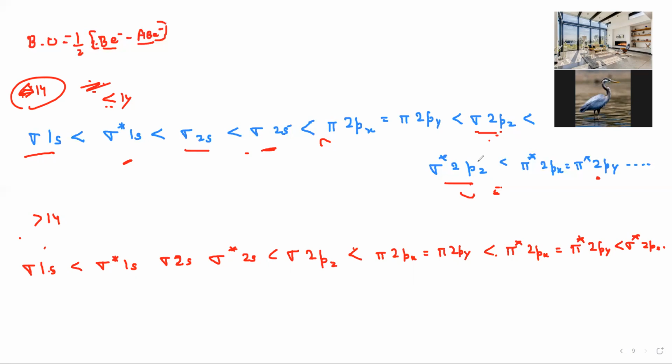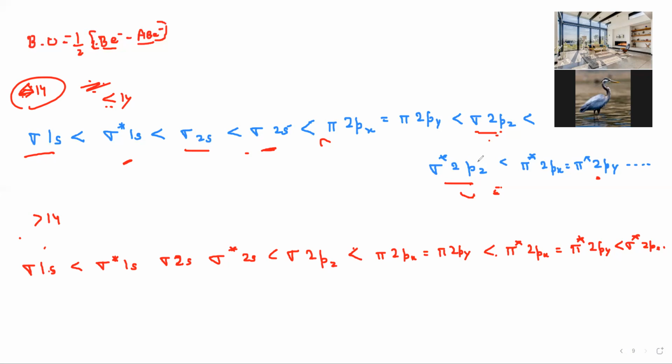Can you tell me the bond order for oxygen? So it's 2, 2, 2, 2, 2.